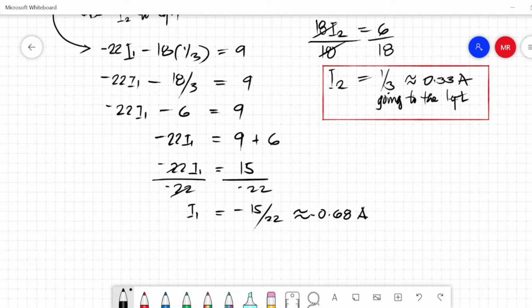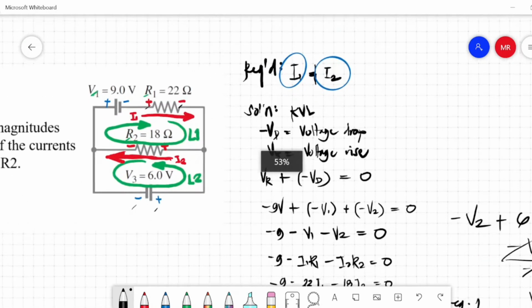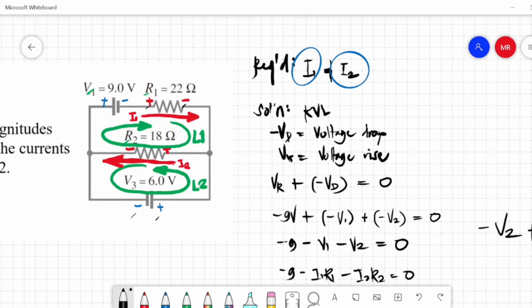But since we get a negative sign for I1, our assumption for I1 in our circuit is wrong. Our assumption was that it is going to the right, but the correct direction for this current is also going to the left. So I1 should also be going to the left.